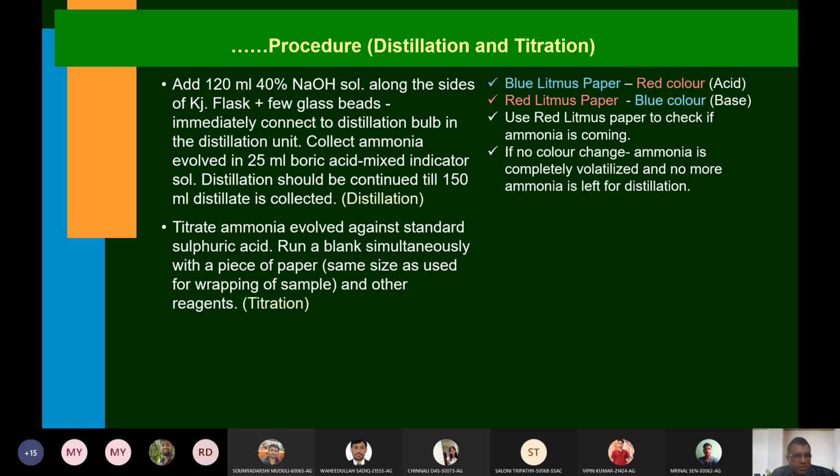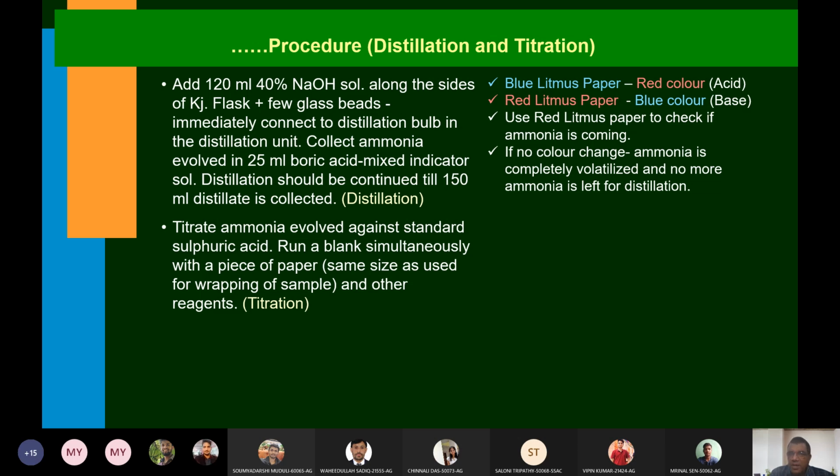Okay, sir. Now we go for titration. So titrate ammonia evolved against standard sulfuric acid. So standard sulfuric acid is 0.1 normal, and it depends on what concentration of sulfuric acid I should have.